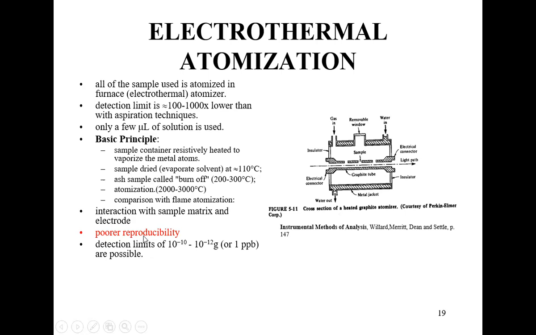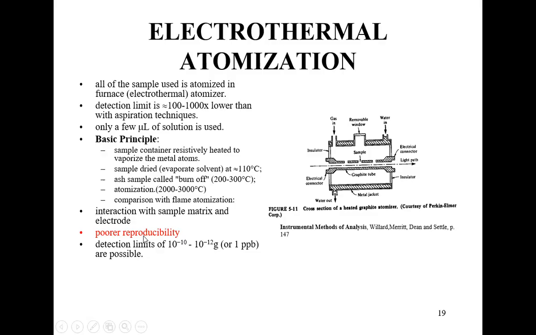So then notice a disadvantage of this is poor reproducibility. It's poorly reproducible unless you take a lot of caution when you are dealing with graphite furnace. It's a tedious process. You have to sit there and adjust the path length normally. You have to adjust the path length, you have to adjust the height, and it's tedious during the setup.